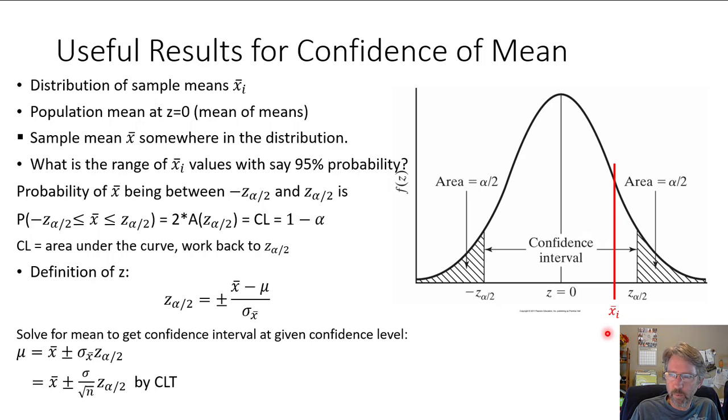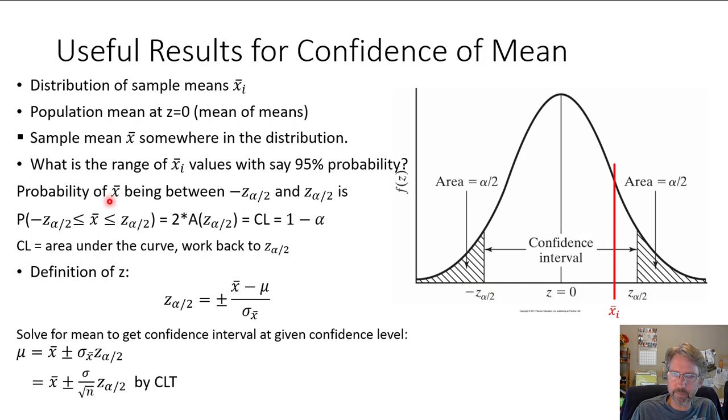And so if we want to find the confidence level, what is the range of values of means that falls into the 95% probability? Remember, the area under this curve is the probability. So if our measurement is between here and here, and the area is 95%, then you have 95% probability that your measurement will fall between these upper and lower bounds.